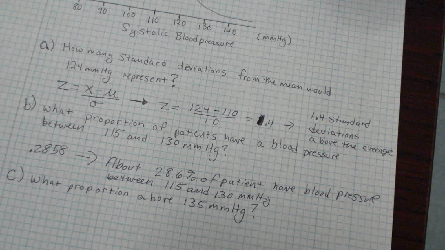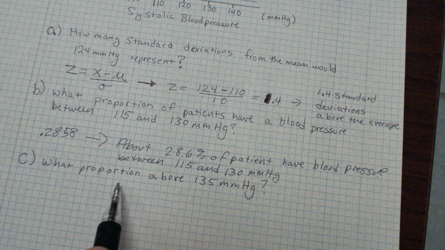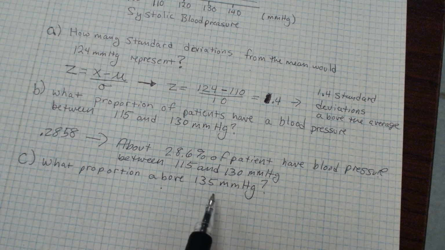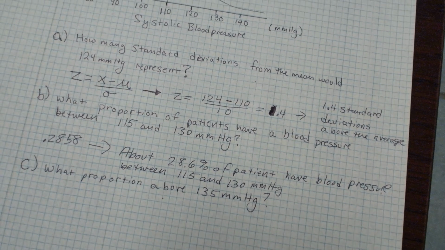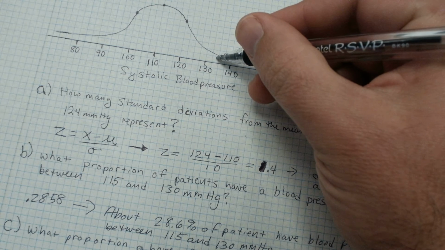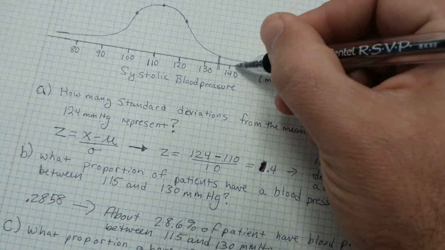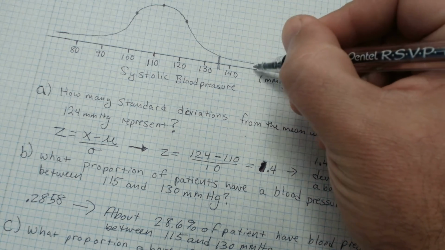A final question that we'll look at in this video is, what proportion of patients are above 135? I want to remind you to look at your graph here to figure that out. The 135 mark is right around here, so you're going to see it's a really small percentage, less than 2% most likely.